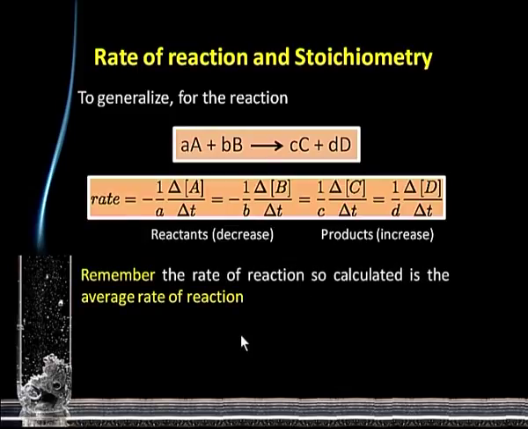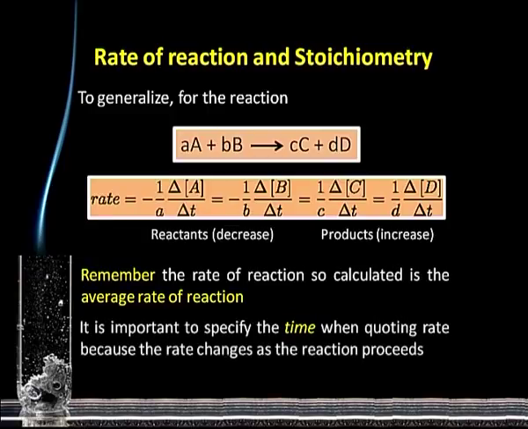So, remember that the rate of reaction calculated here is the average rate, and it is important to specify the time when we mention the rate that we have calculated.